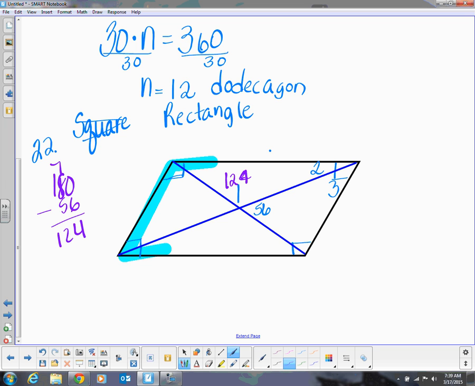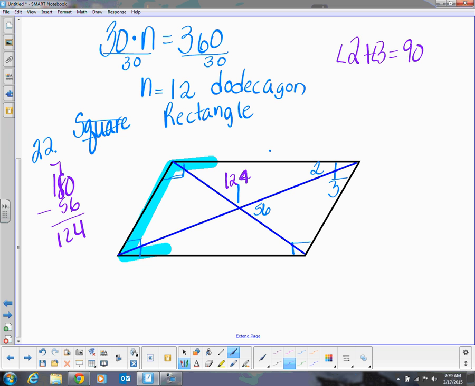All right. We need 2 and we need 3. No, because it's not a square. Angle 2 plus angle 3 equals 90.